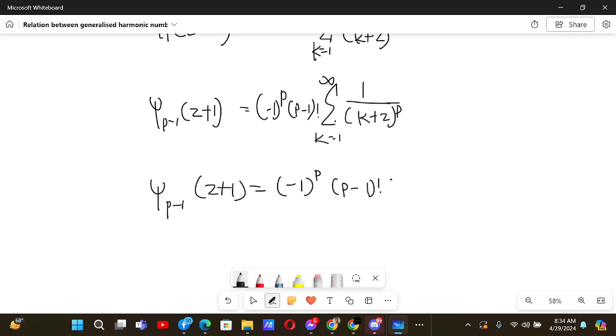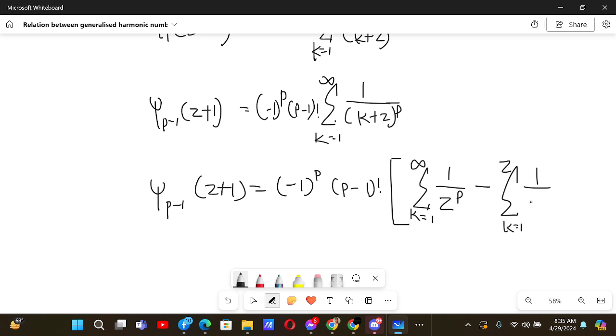This sum goes from g plus 1 to infinity. So what we do is we introduce a sum where all the terms are included. This goes from z plus 1 to infinity, this goes from 1 to infinity, and we will subtract the sum from 1 to z, from k equals 1 to z of 1 by k to the power p.